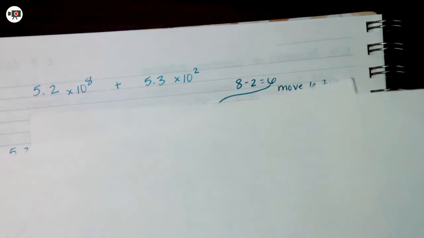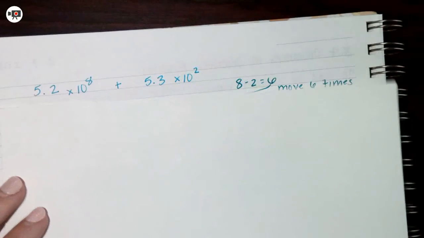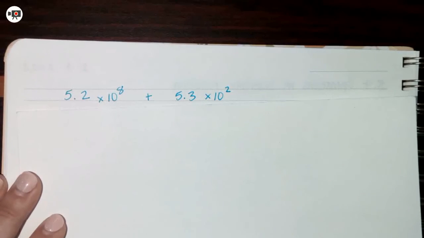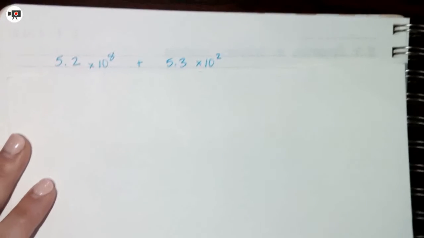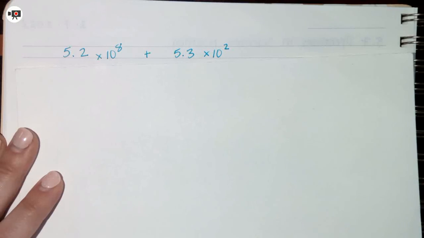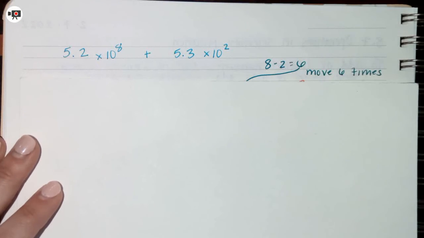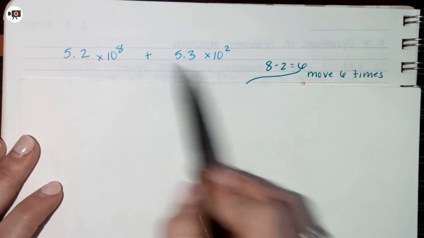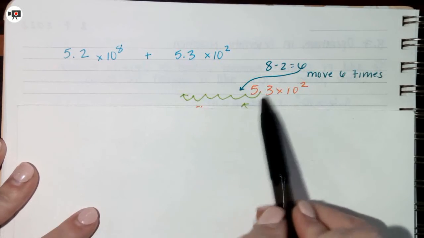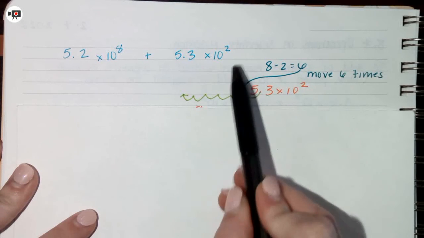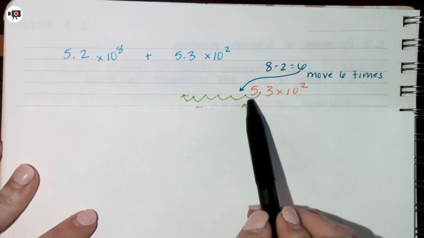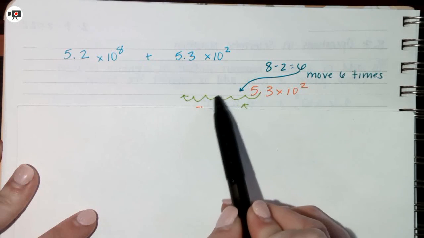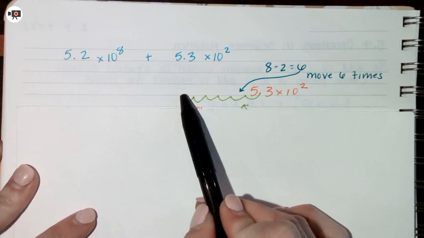Let's do one more. So I have 5.2 times 10 to the 8th plus 5.3 times 10 squared. So I'm going to move my decimal 6 times on my second term. And when doing that, I go from a positive 2, this makes it positive 3, 4, 5, 6, 7, 8.